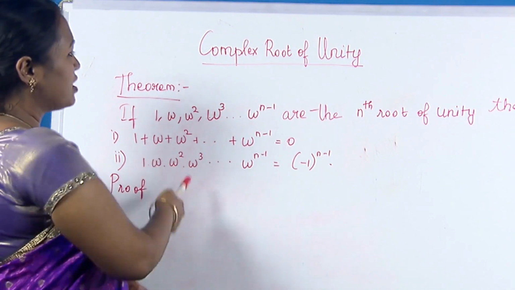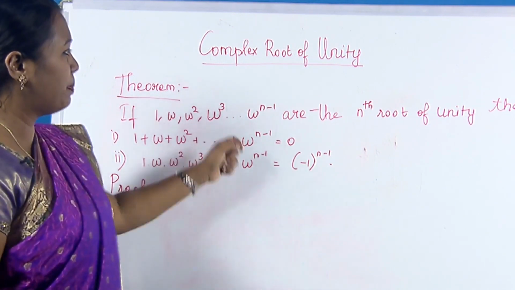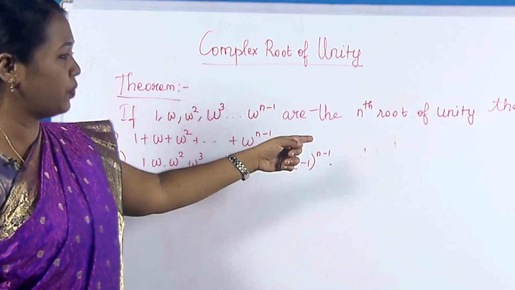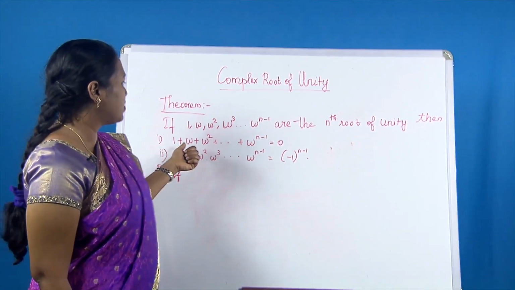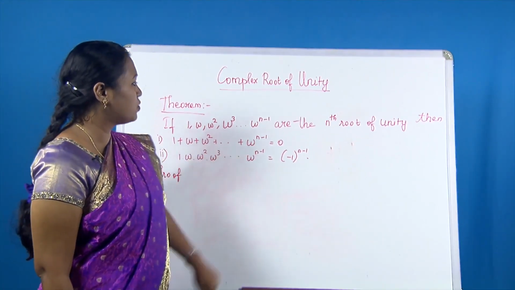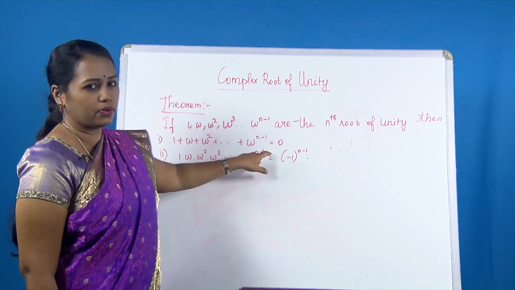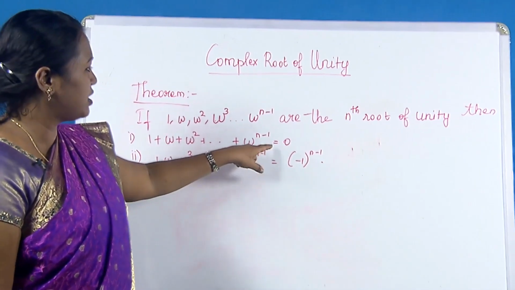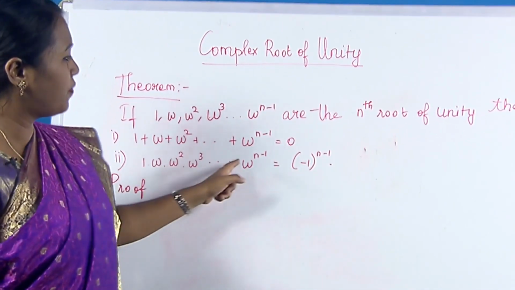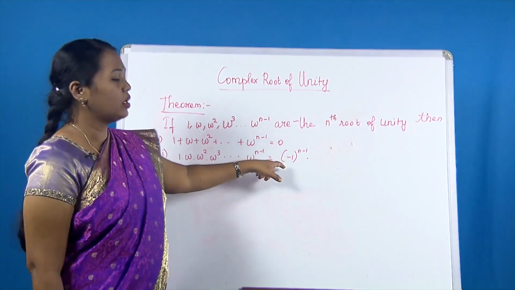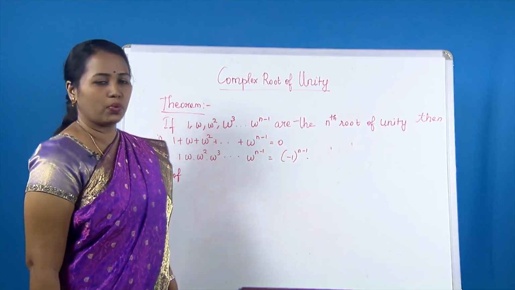If omega, omega squared, omega cubed, so on up to omega power n minus 1 are the nth roots of unity, then 1 plus omega plus omega squared plus so on up to omega power n minus 1 is equal to 0. That is, the sum of all the roots is equal to 0, and the product of all the roots of unity is equal to minus 1 the whole power n minus 1.